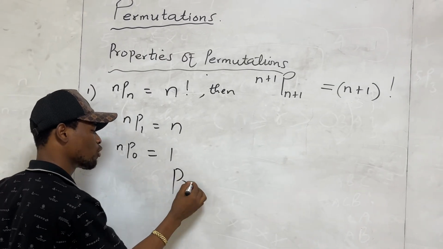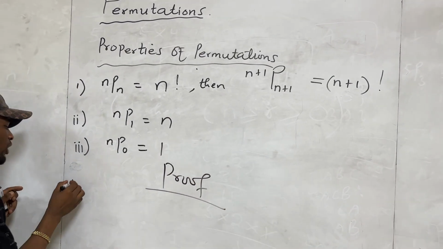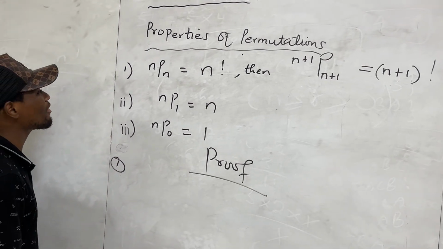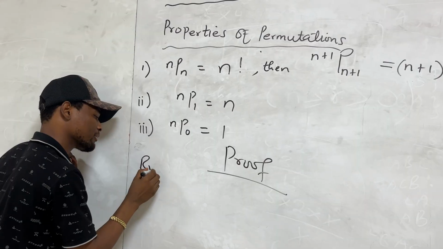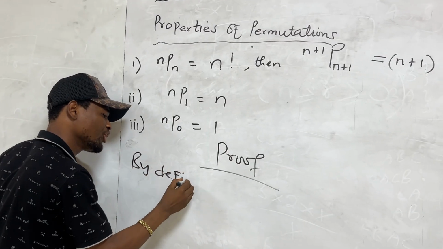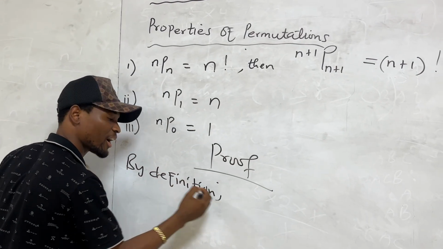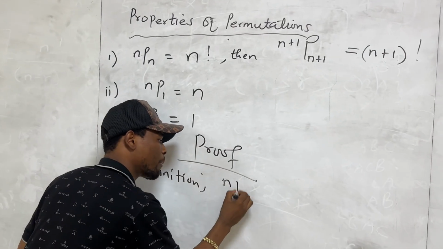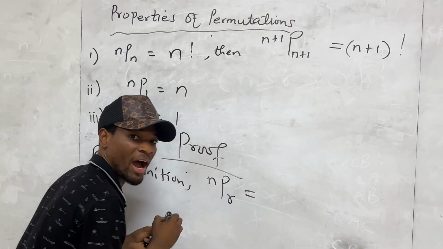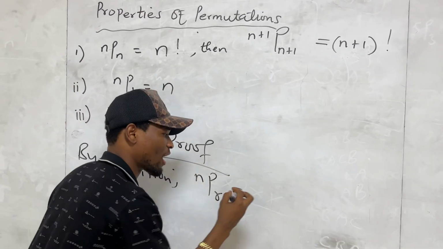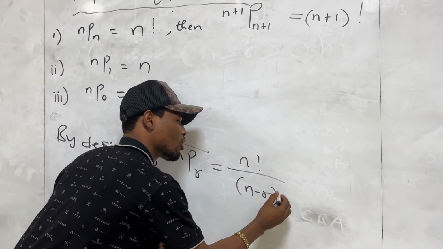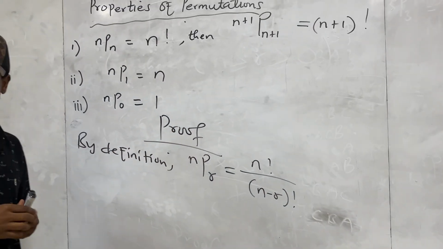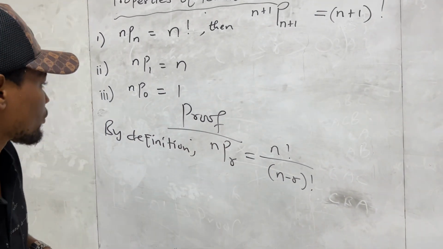Okay, so the proof. The first one, you know that by definition, nPr is given by n factorial over (n minus r) factorial.